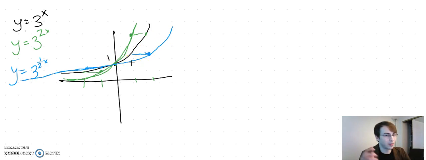So now it's like, instead of compressing it, now we're stretching it. So vertical and horizontal rescalings are kind of opposite of each other. Vertical, when you've got a big number, you end up stretching, but here, horizontal, you end up compressing.